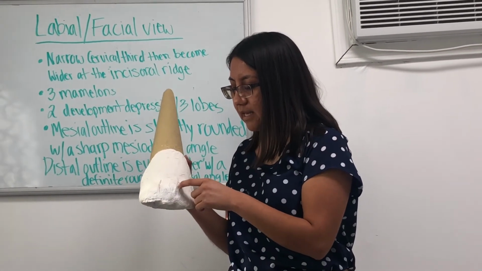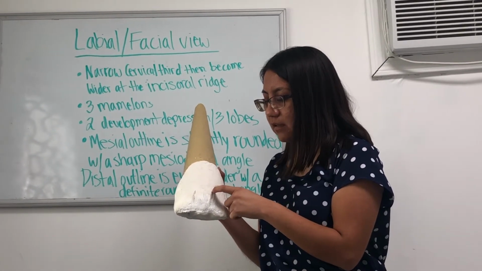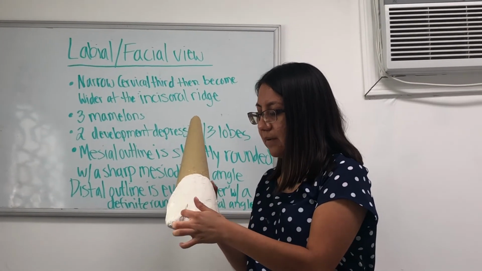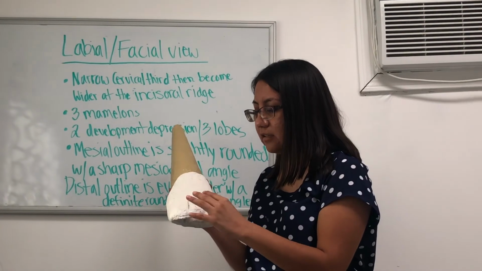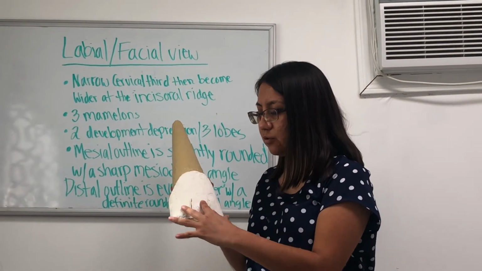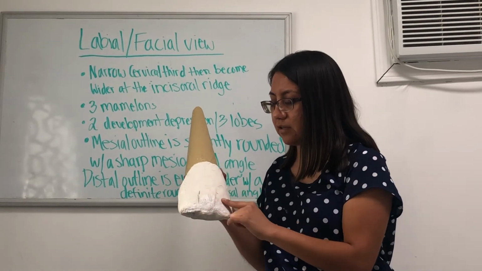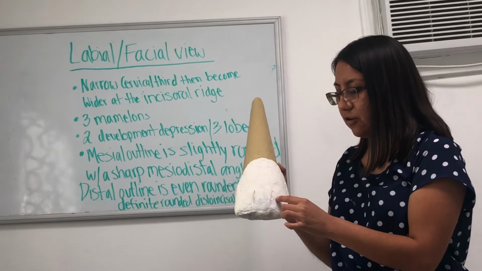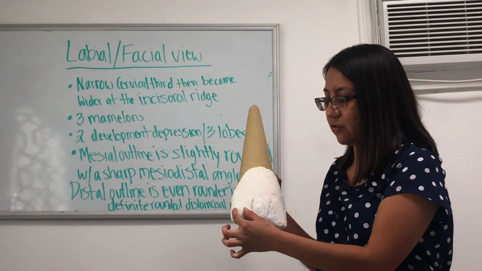This one is the mesial labial developmental groove, and then you have the distal labial developmental groove. And these 2 grooves divide the tooth into 3 lobes, which is found when the tooth is developing. And this would be the mesial facial lobe, the central facial lobe, and the distal facial lobe.